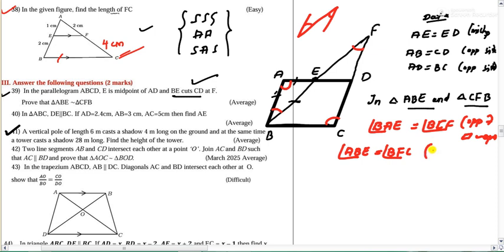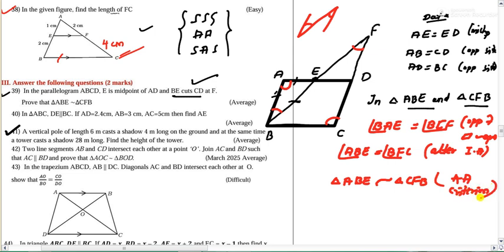What is the reason? Alternate interior angles. So only these two conditions are enough to show these two triangles are similar. But you should write AA criteria here. Got it?